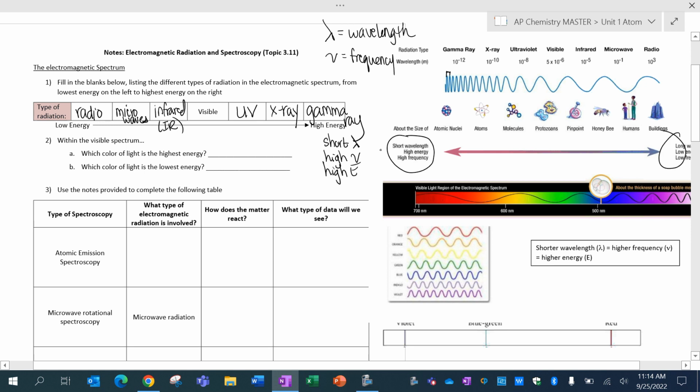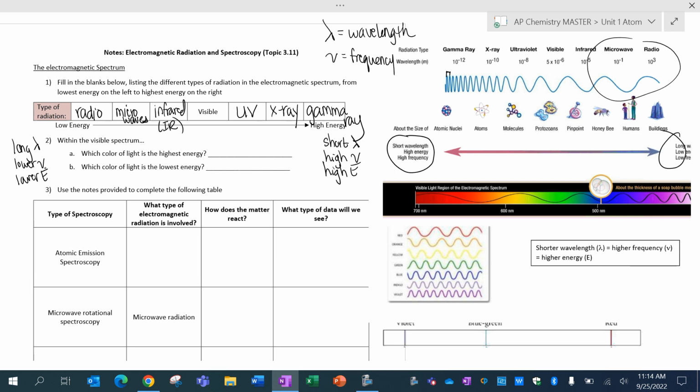On the other side, with our radio waves and microwaves, notice how they have a longer wavelength, a lower frequency, and a lower energy. So there are different types of radiation, with different wavelengths and frequencies, which gives them different energies.